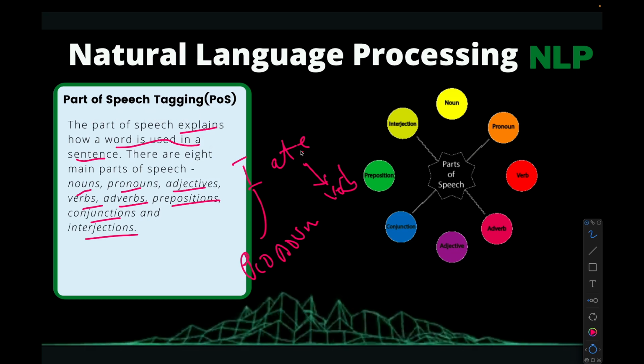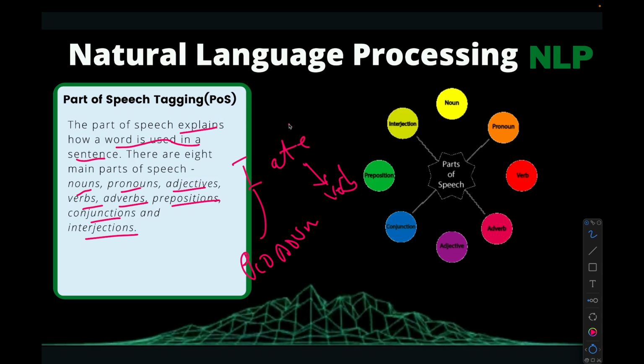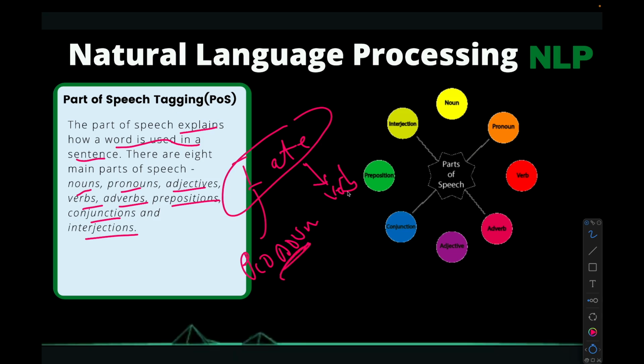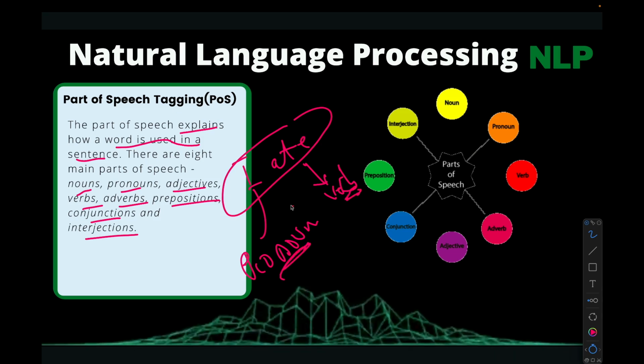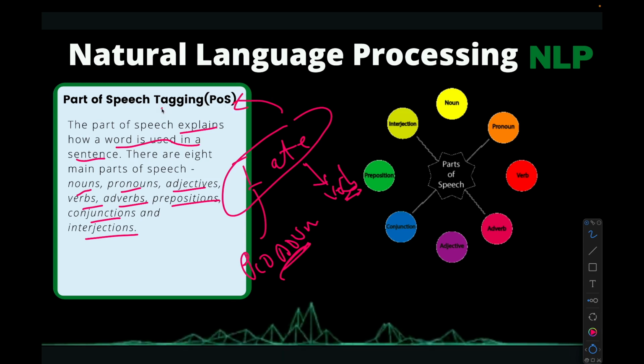In natural language processing, we tag these words. For instance, if this is just one phrase, we tag them with their respective part of speech. Tagging them with their respective part of speech is what is referred to as part of speech tagging.